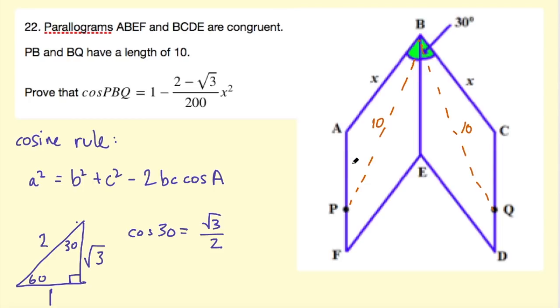And then we need to have a look and see, well, how can we somehow come up with a relationship between this angle PBQ and this angle ABC? Because we're told angle ABC is 30, but we don't know what this angle PBQ is.